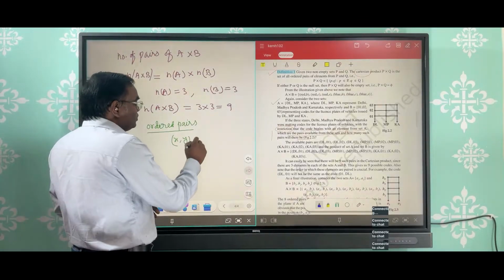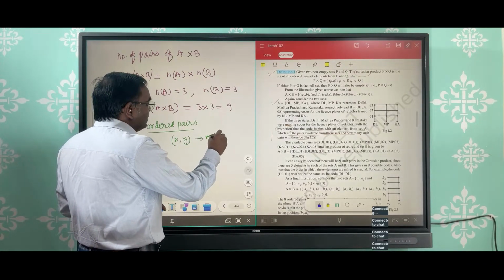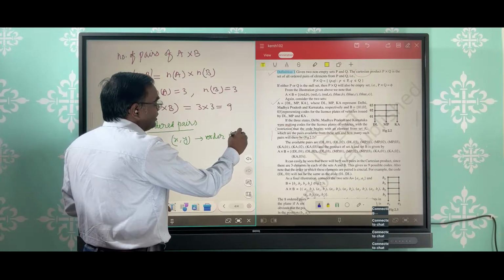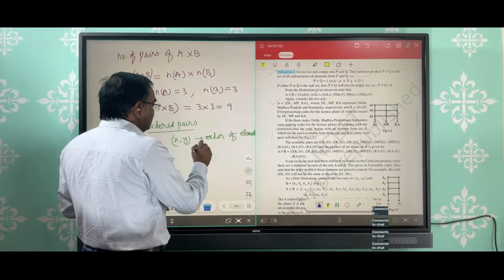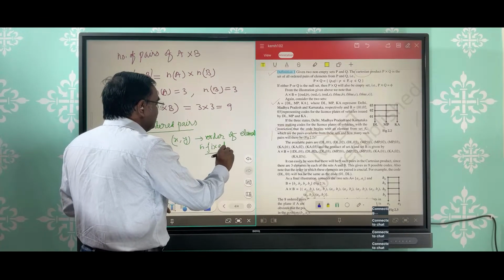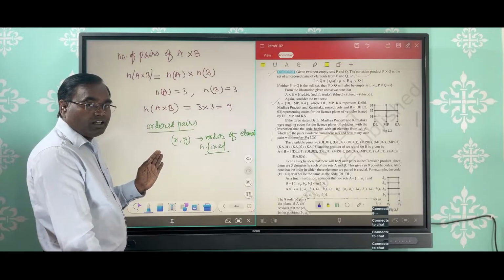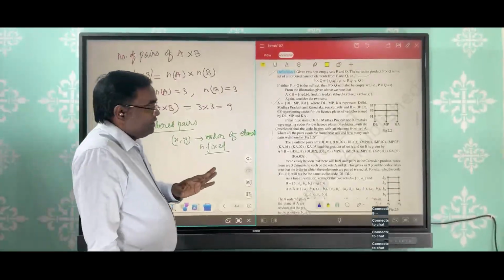The order of the elements is fixed. If you change the order of these elements, X, Y and Y, X, the value will be different.